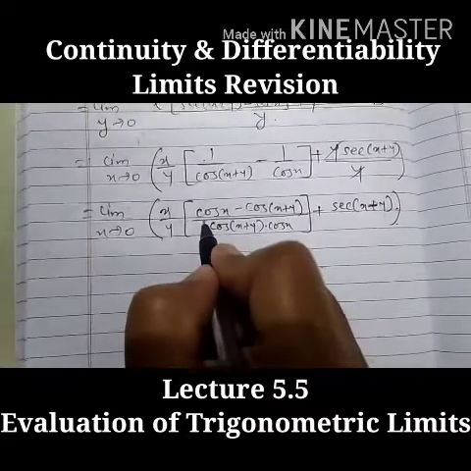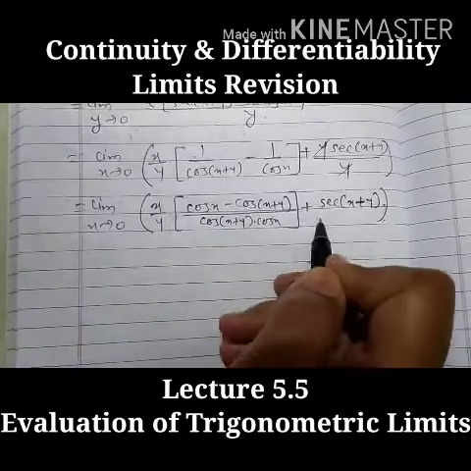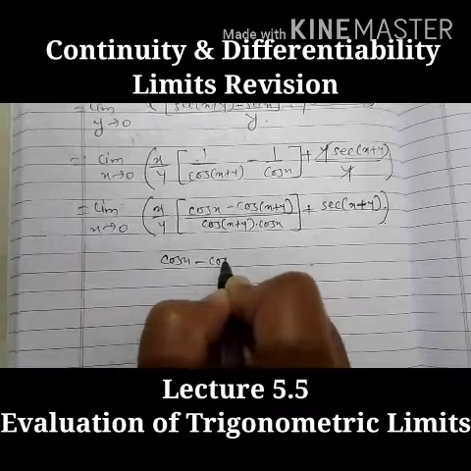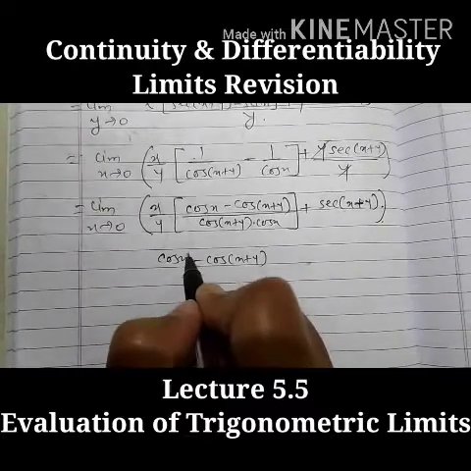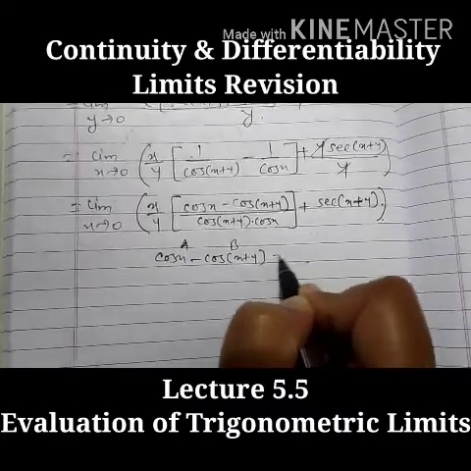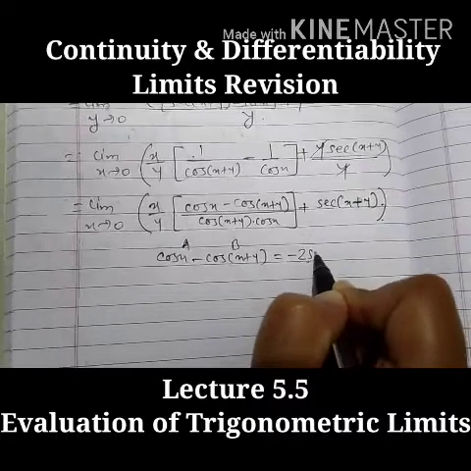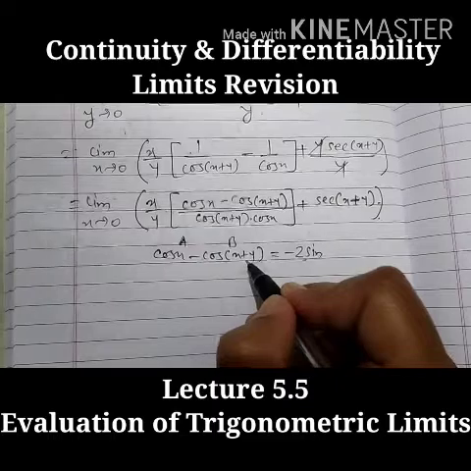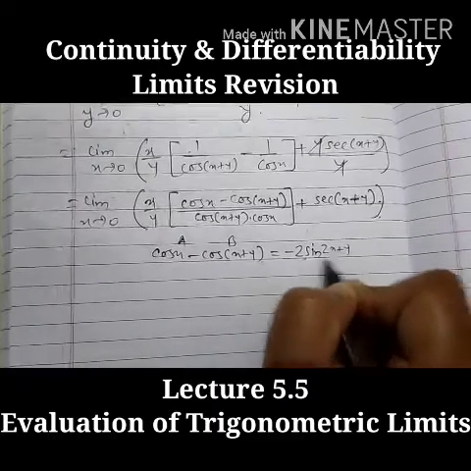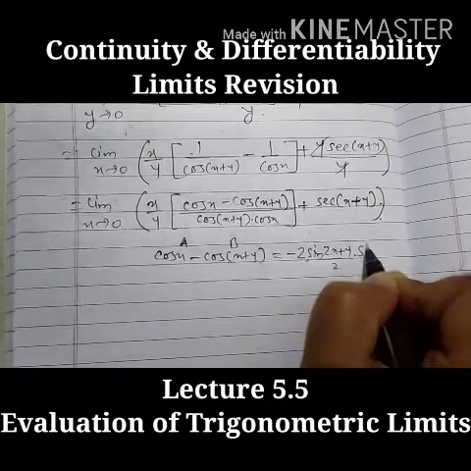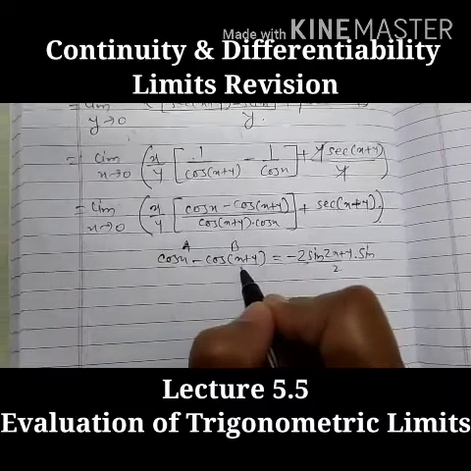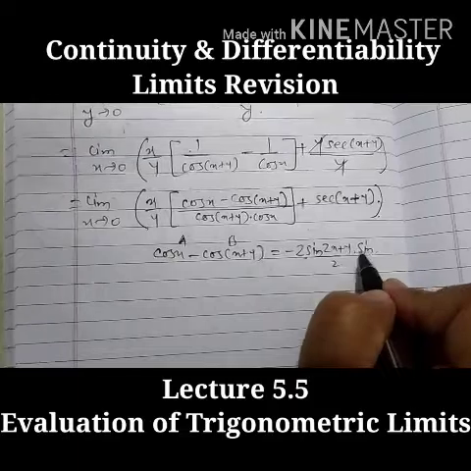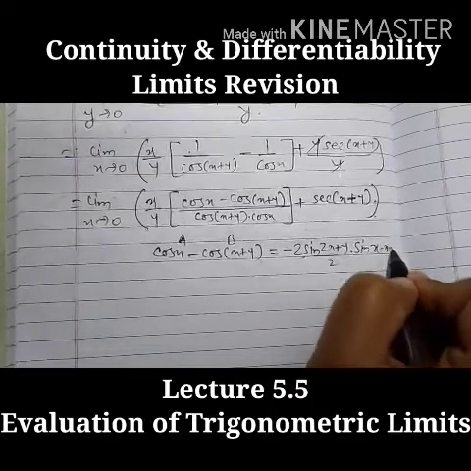Now student, we know that cos minus cos is minus 2 sin sin, so we can write here cos x minus cos of (x plus y). Now here, cos A minus cos B is minus 2 sine of (A plus B) by 2, that is (2x plus y) upon 2, into sine of (A minus B) by 2, that is (x minus x minus y) upon 2.